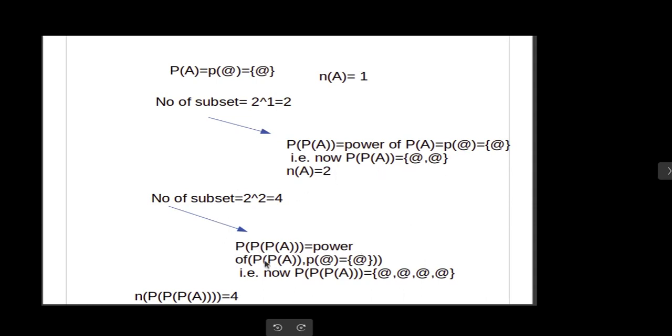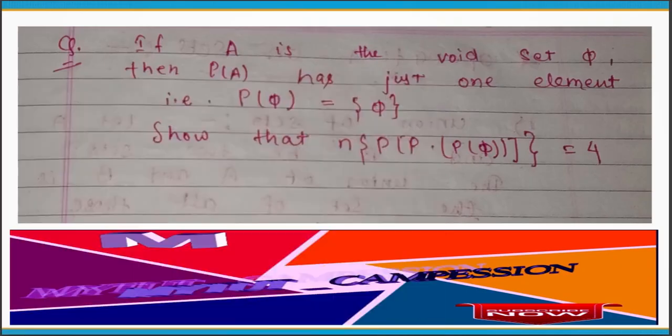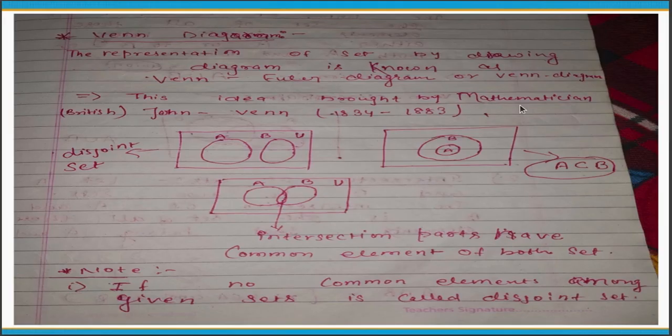Now the power set of P(P(A)) has 4 elements. I hope you are able to understand.